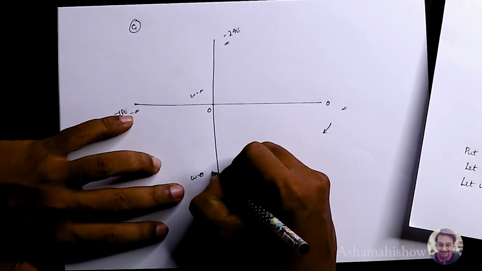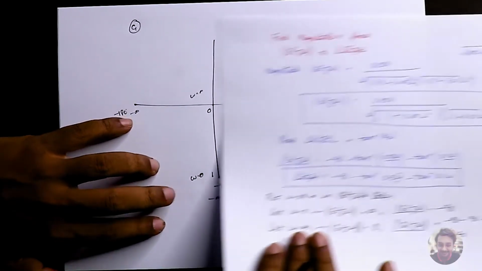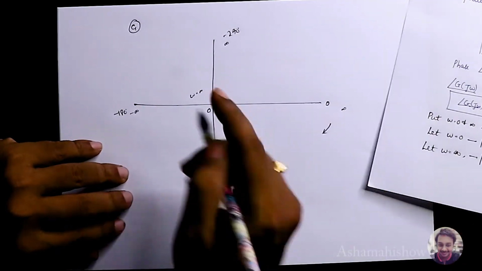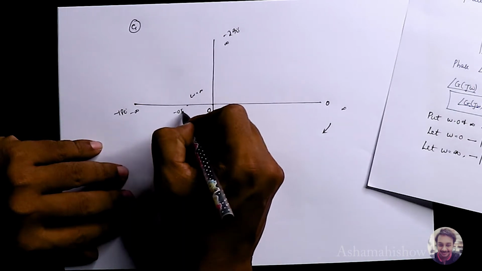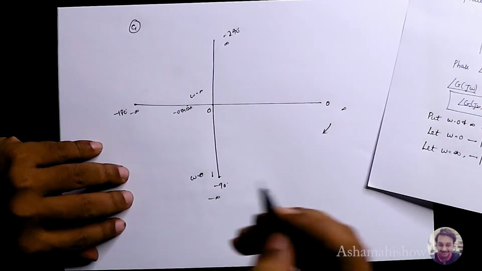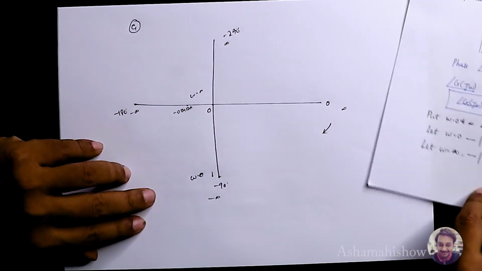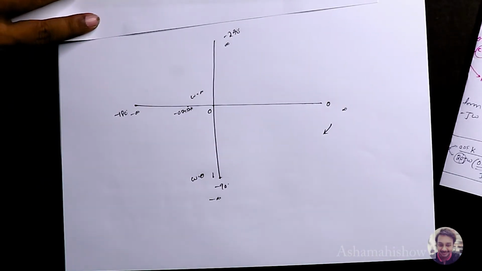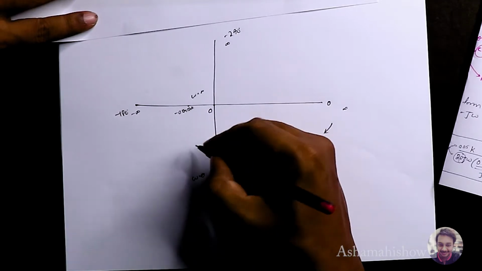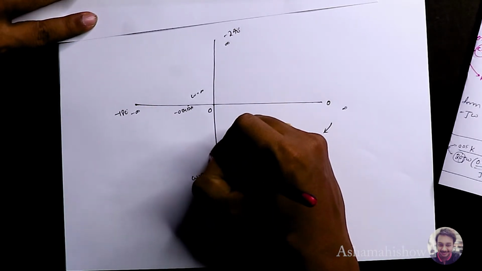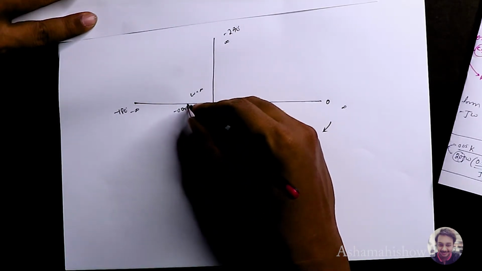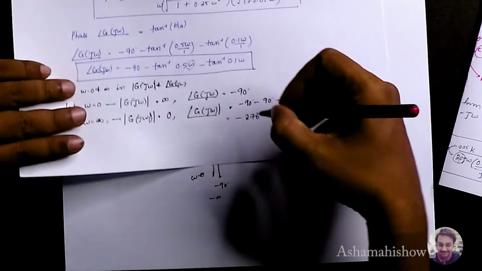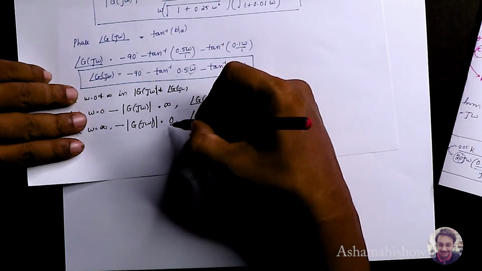The point where it cuts the real axis is minus 0.0417k, which you already found. So it starts at infinity with minus 90 degrees. I'll change the pen. It crosses the point minus 0.0417k, and it has to reach minus 270 degrees and come to the origin.